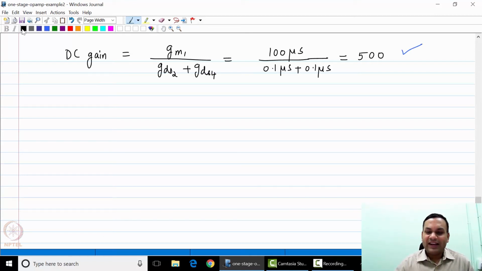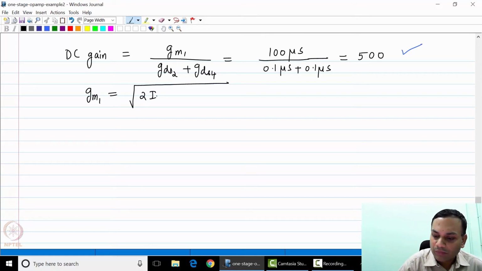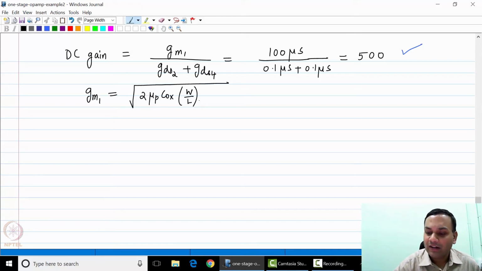Now the next thing to do is to calculate the width to length ratio of M1 and M2. GM1 is nothing but root of 2 mu P C aux W over L of 1 times I naught.